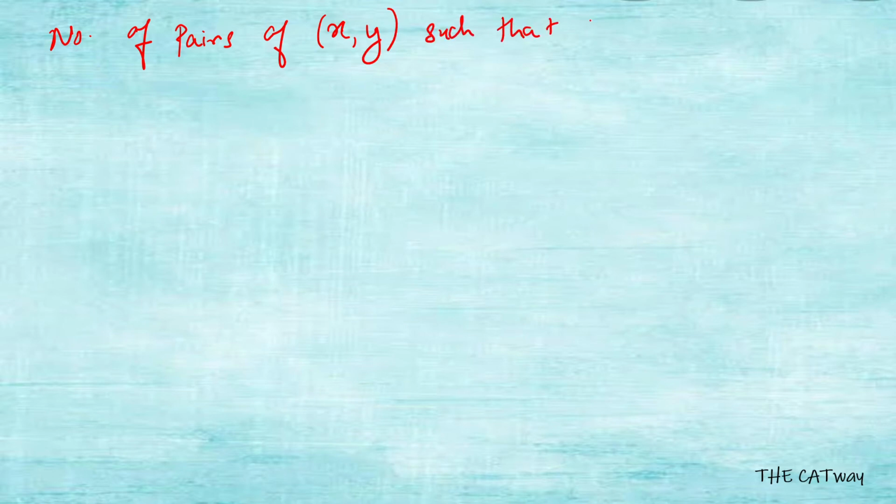Now, the number of pairs of x comma y such that their HCF is 17 and LCM is, let's say, 7140.